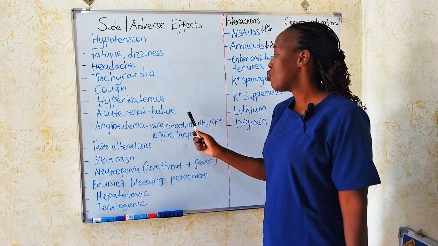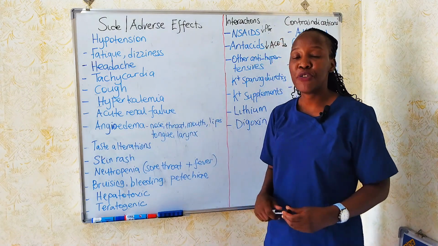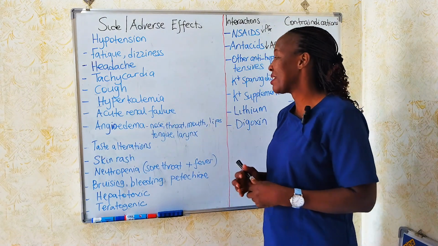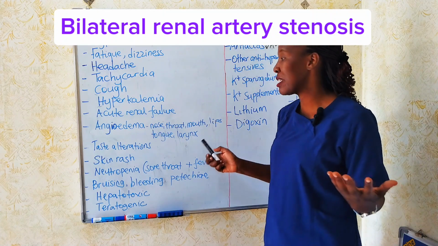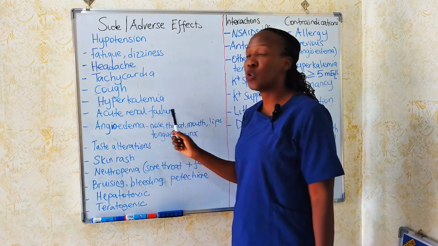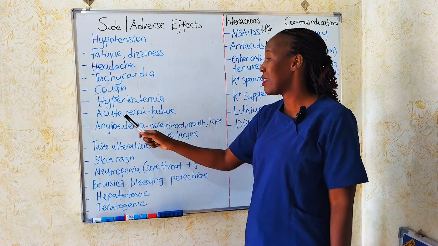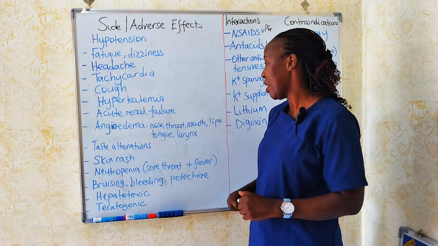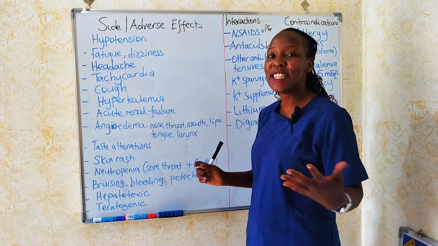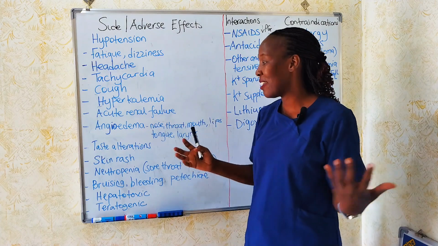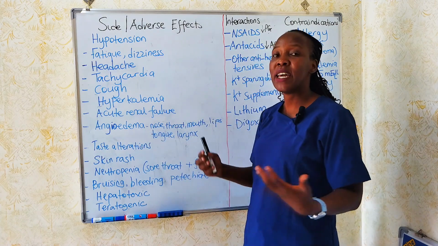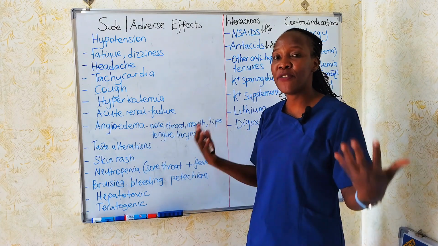These drugs might also cause acute renal failure, especially in patients who might have bilateral renal stenosis. So usually blood flow to the kidney is going to be compromised, and then you find that we end up with a renal failure.